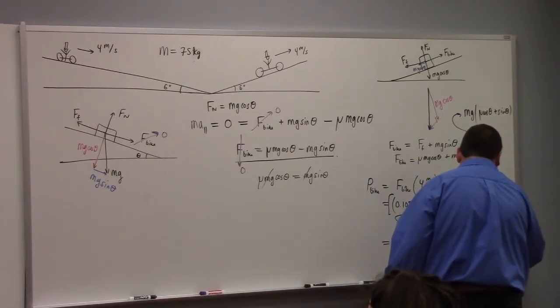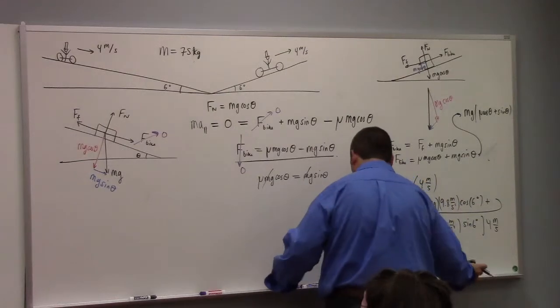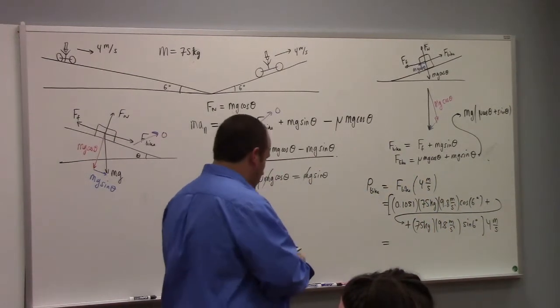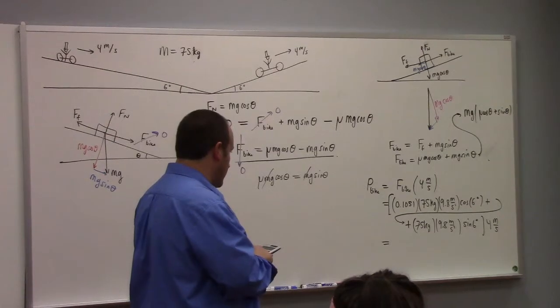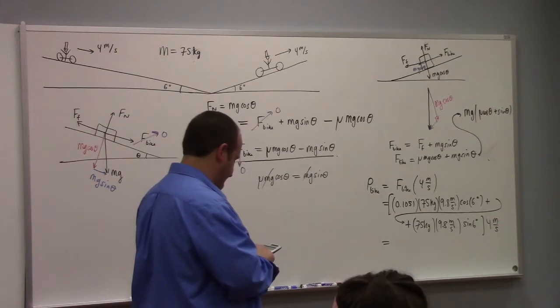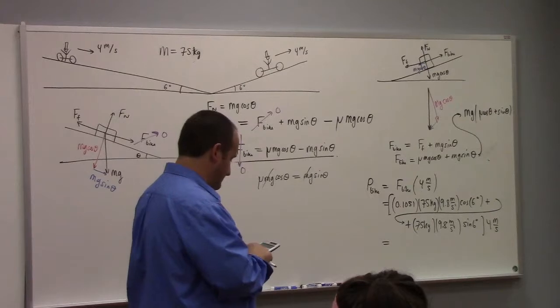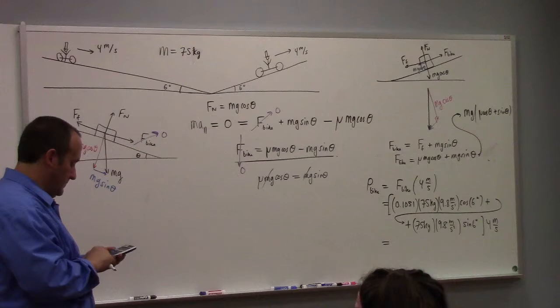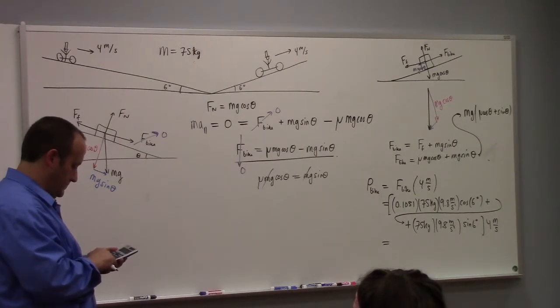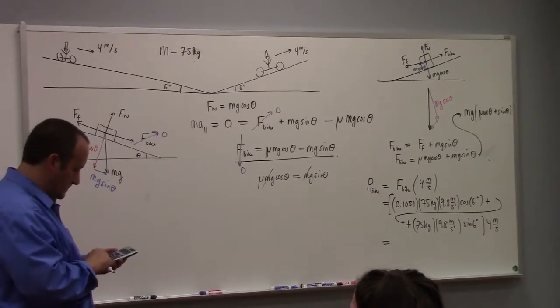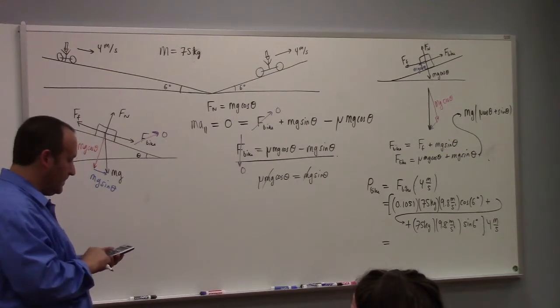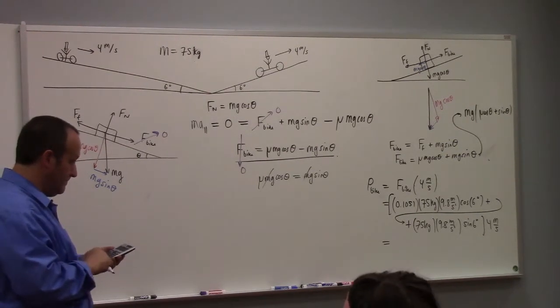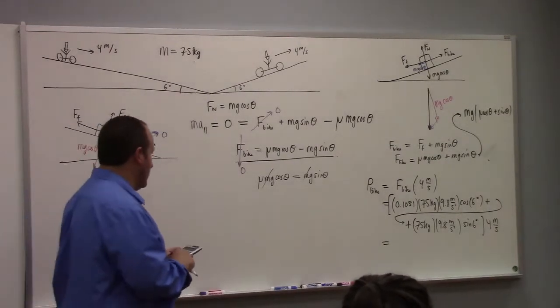Times 4 meters per second, right? All right. I got 614.6. Okay.